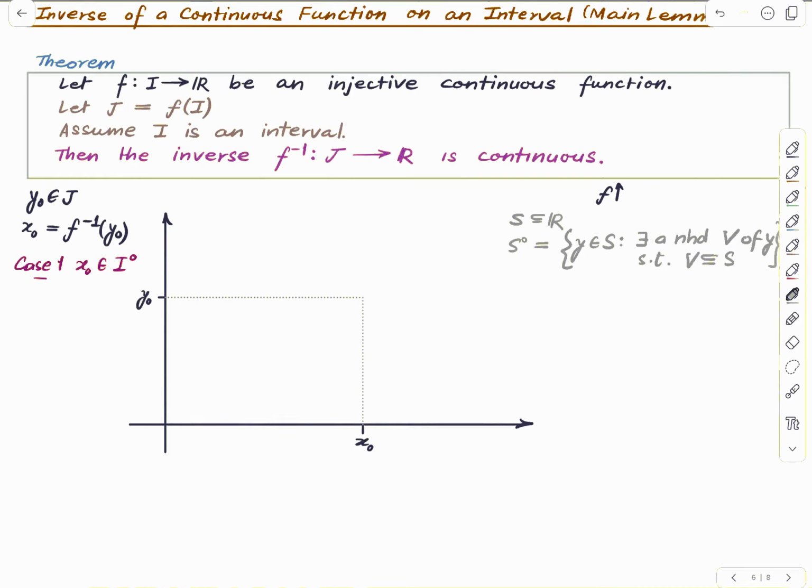The idea behind the notion of interior was that the interior of S is the largest open set contained in S.